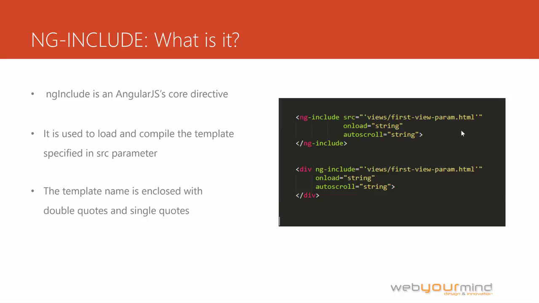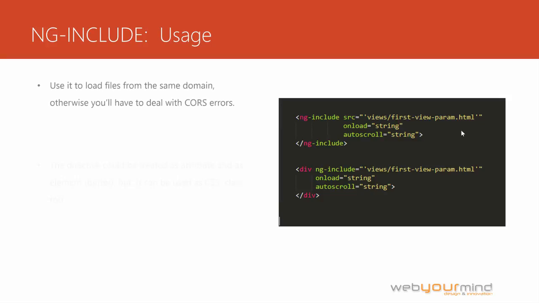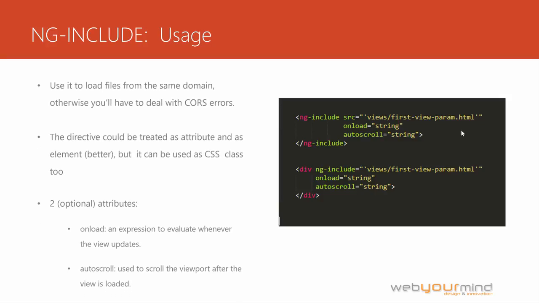So it means that you can also supply an expression that will be evaluated to a URL eventually, or you can simply call a method that will return you the URL that you want to load. This is a particular directive because you can use it in many ways. If you remember, there are three different types of directives, which are attribute directives, element directives, and class directives.